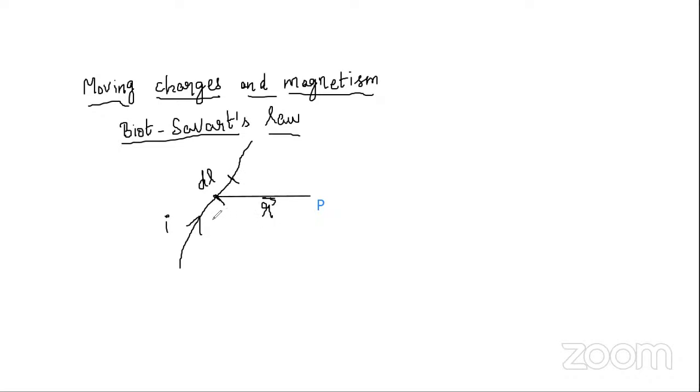From this current element, you have the angle theta. Theta is the angle between the line joining this current element and the point P. So this is the whole wire, and you have a point P at a distance r from this current element dl. Then what will be the magnetic field due to this current element dl at this point P?